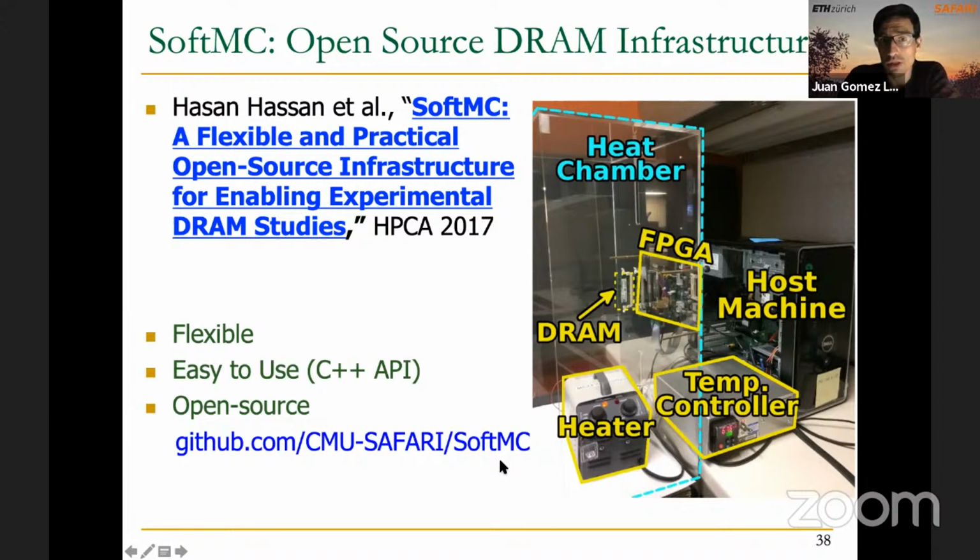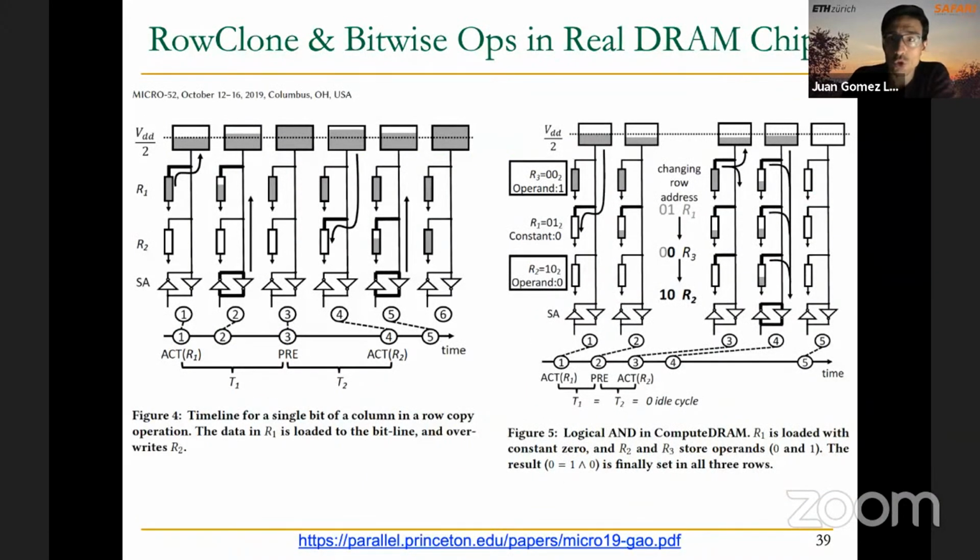It is SoftMC, an experimental platform, an FPGA-based memory controller for characterization of DRAM chips and DRAM-related studies. And the authors of ComputeDRAM use it to be able to play with the timing parameters when operating on these real DRAM chips that, as you will see, you can buy yourself.